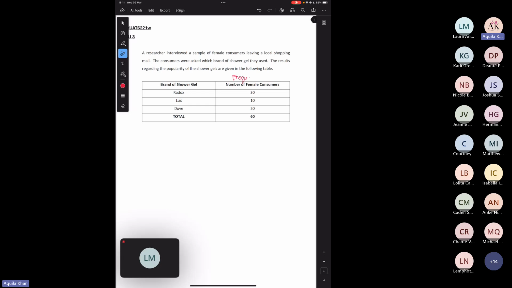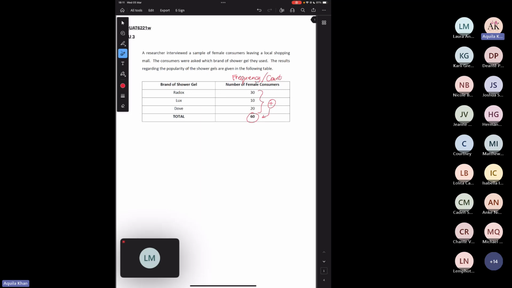I'm just going to write that at the top here, the frequency or the count. This is just the number of female consumers that prefer each brand of shower gel. So 30 prefer Radox, 10 prefer Lux, and 20 prefer Dove. This tells us that 60 females in total were asked which brand they preferred, and that was the result.